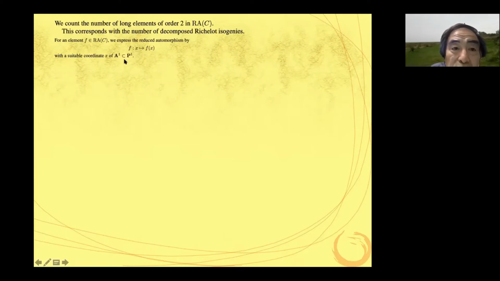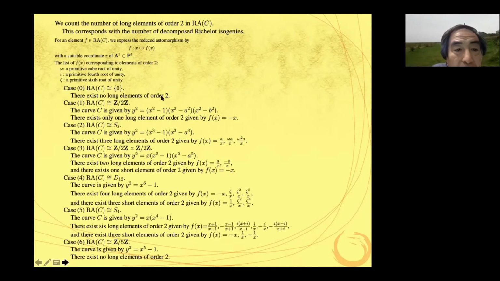And X is a suitable coordinate of A1. And we use such notation, then we can list up all long elements of order 2 for each case like this. This is just a list, and we need to compute very concretely, and we get such a list.